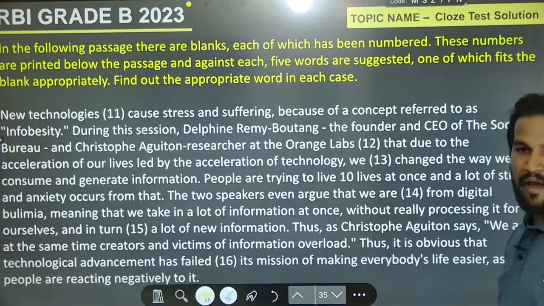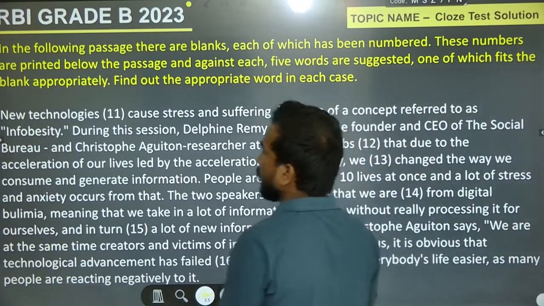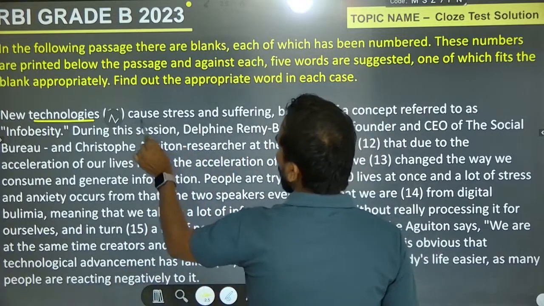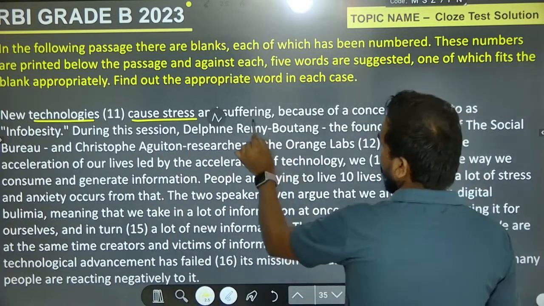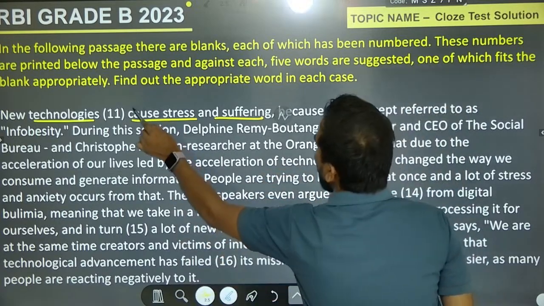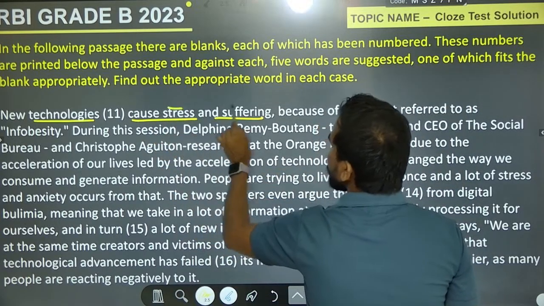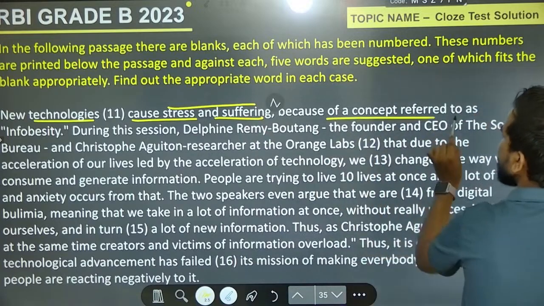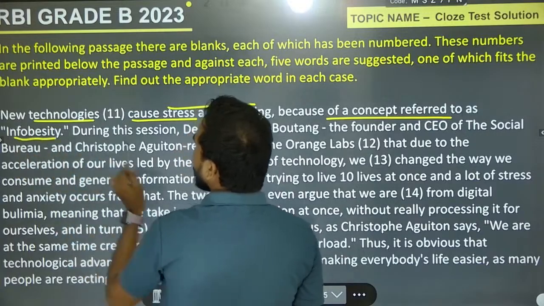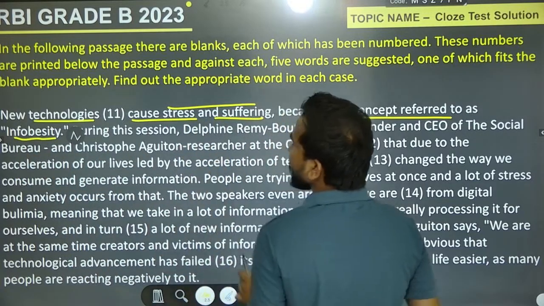Now, we are having this one for the very first moment. New technologies. What we are talking about? New technologies cause stress and suffering. We are talking about the new technologies actually, and that cause stress and suffering because of a concept referred to as infovesty. That is the word that will overcome stress and suffering.